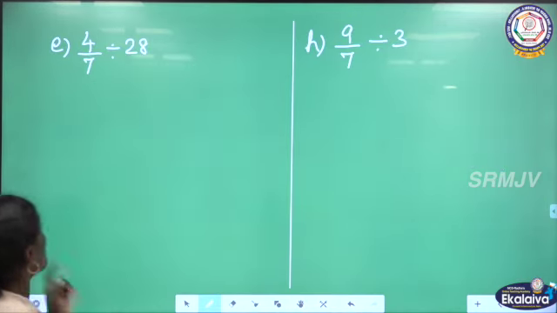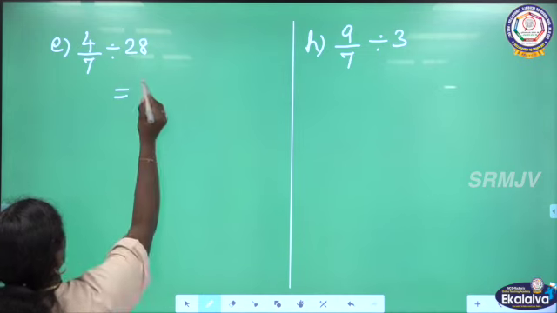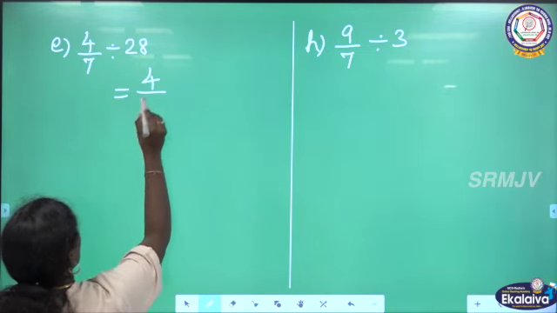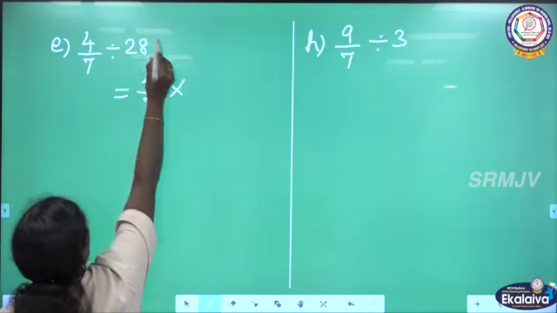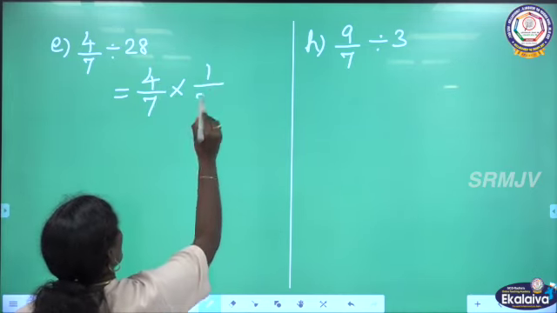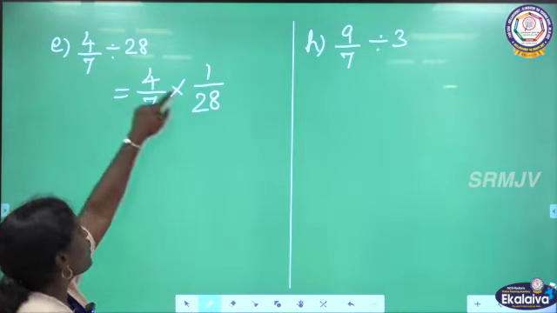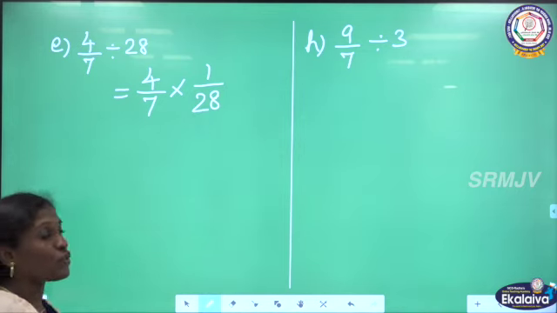The next one, 4 by 7 divided by 28. Here, to divide the fraction by 28, we are going to multiply the fraction by the reciprocal of 28. The reciprocal of 28 is 1 by 28. Can we reduce the numbers? Here we can reduce 4 and 28 in 4 table.